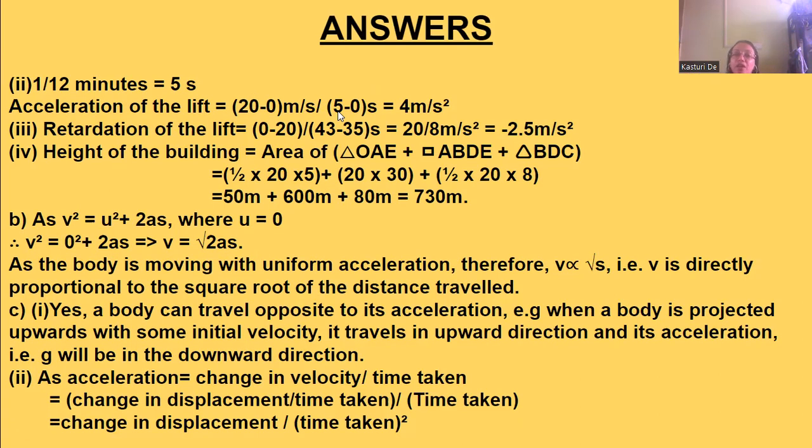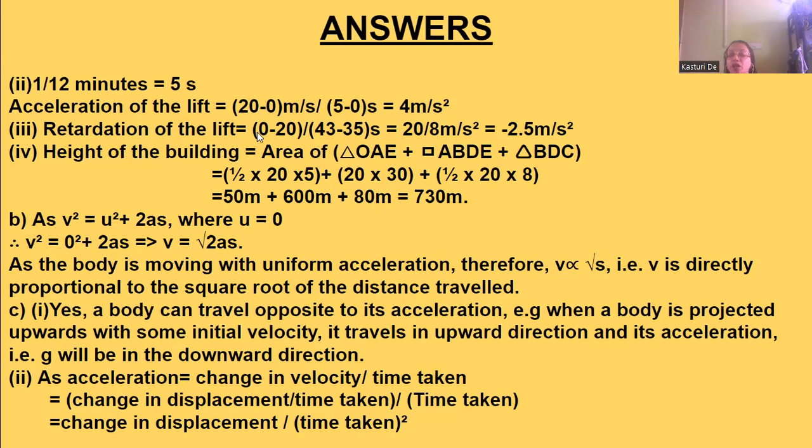Initial velocity was 0 and final velocity is 20 meters per second, so 20 divided by 5 gives us 4 meters per second square.